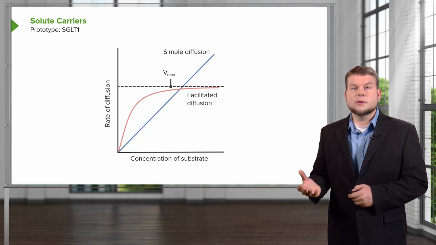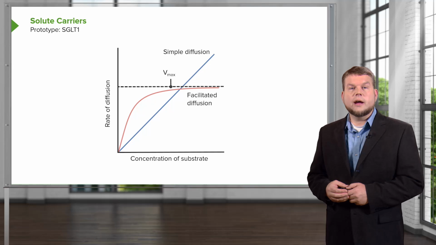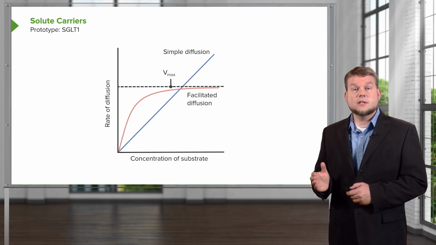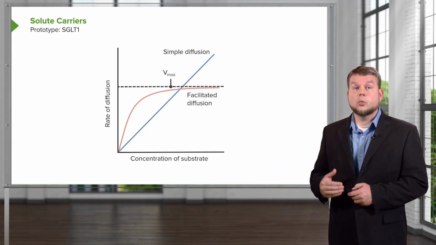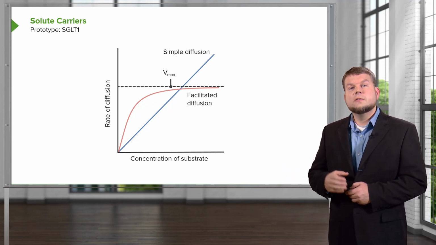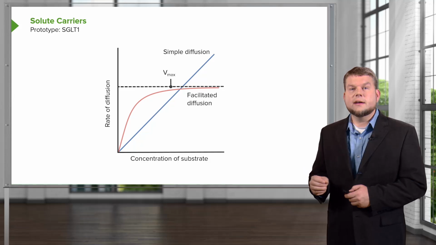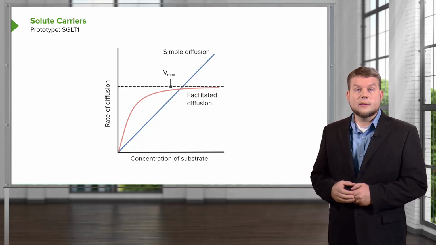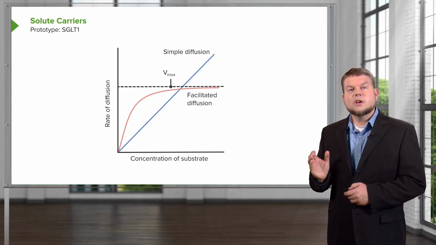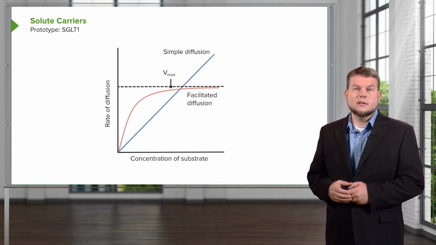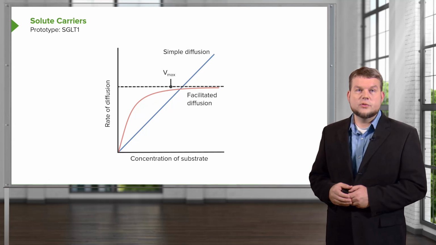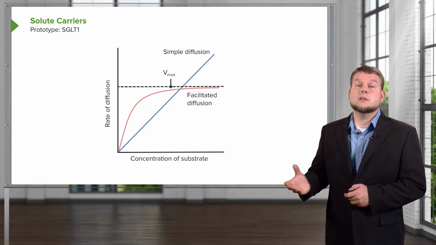If you look at this particular graph, you have concentration of the substance along the x-axis, and along the y-axis you have the rate of diffusion. Focus in here on the red line, the facilitated diffusion line. You can see how it occurs at a lower concentration. You get more rate of diffusion with facilitated diffusion through a solute carrier than you do through simple diffusion.